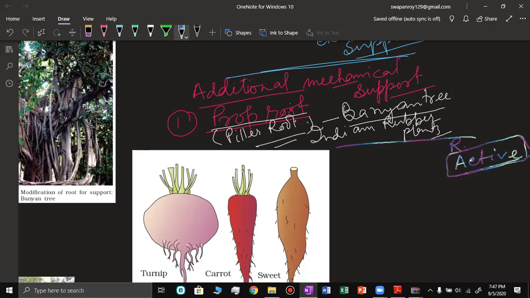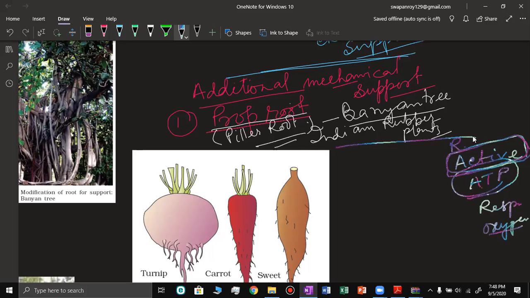Some of these are active absorption, and for active absorption they require energy. Energy is in the form of ATP, and ATP is produced by respiration, and respiration requires oxygen. That's why they require the gases.